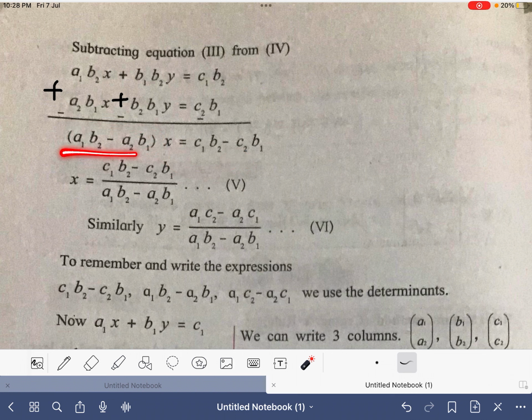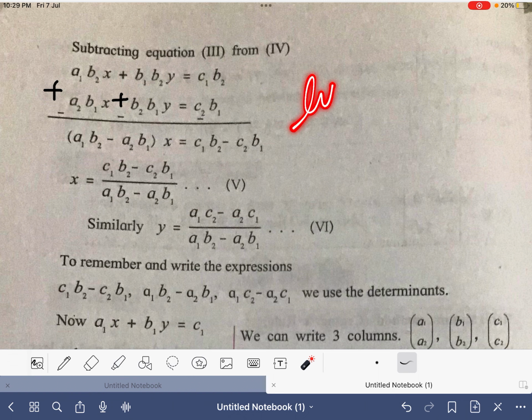Here it is a multiplication. After migration it goes to the denominator. So we get a new term, x is equal to c1 b2 minus c2 b1 divided by a1 b2 minus a2 b1. This is the value of x.